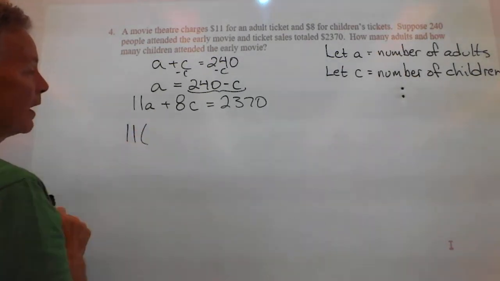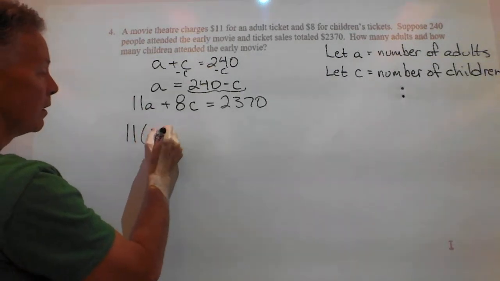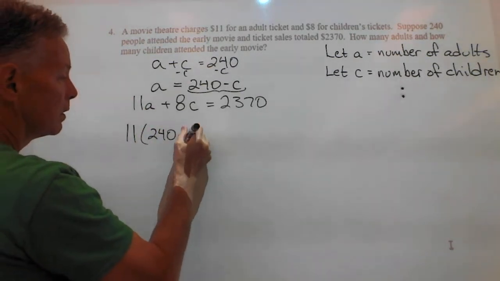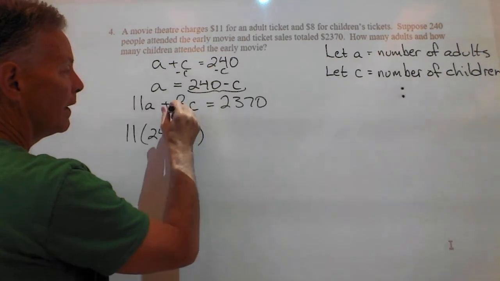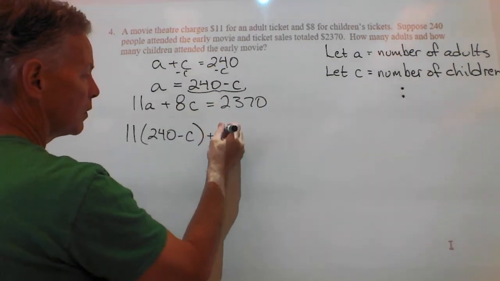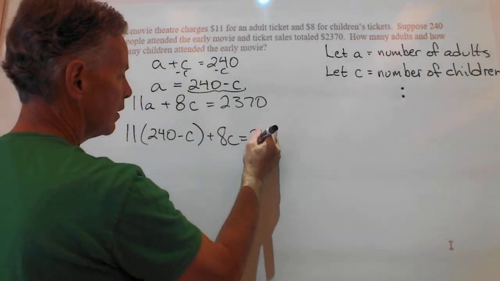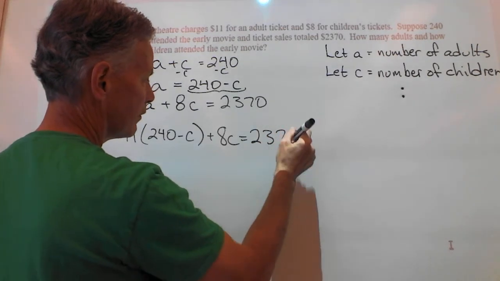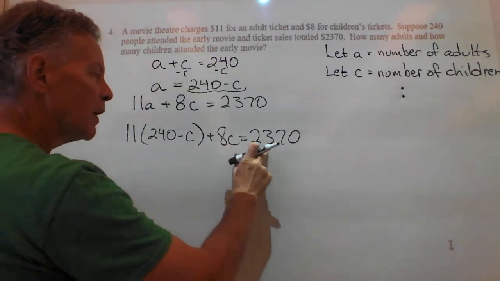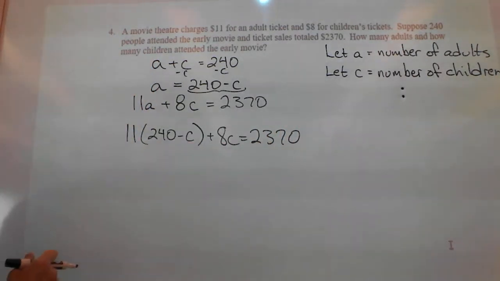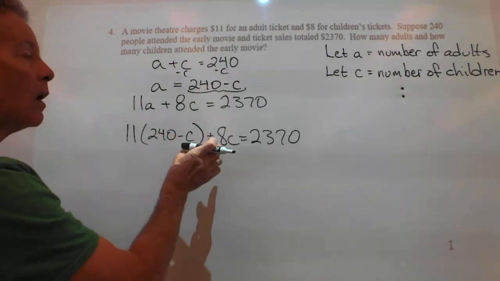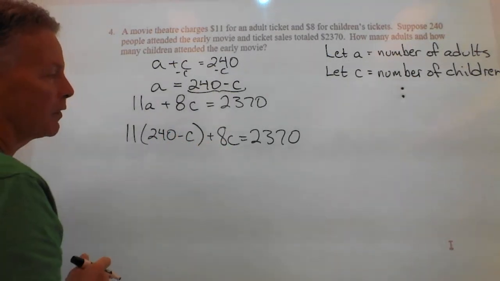So we can sub that in, and instead of A, we're going to put 240 minus C, and then the rest stays the same. Plus 8C equals $2,370. And again, we've created an equation with only one variable. We can solve to find what C equals.